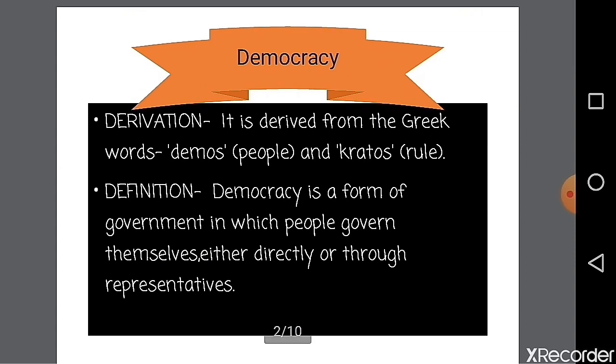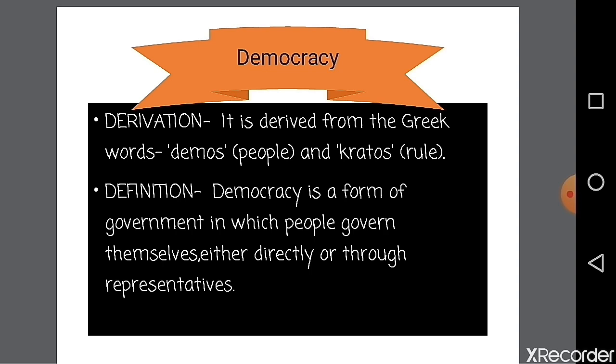So in the first section, we are going to discuss the origin of the word democracy, that from where this word has come. This word has come from two words, demos and kratos. Both of these words are Greek words.